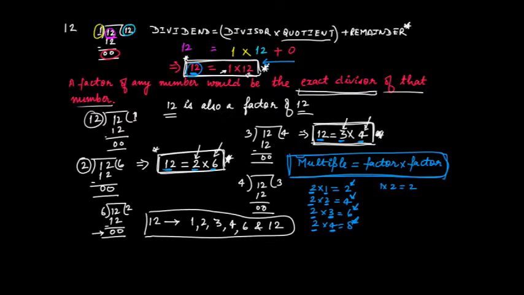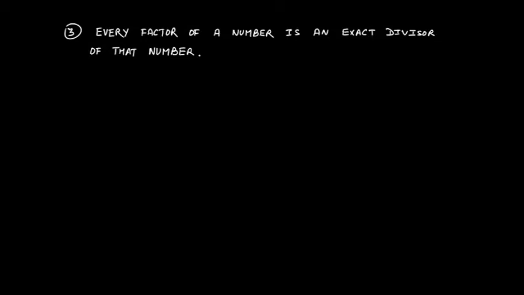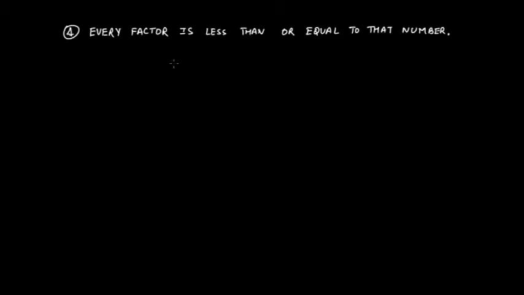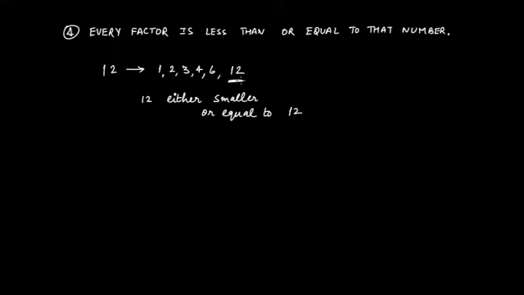For 12, the factors are 1, 2, 3, 4, 6 and 12. You can see that the factors are either smaller than or equal to 12, because 12 is a factor equal to 12, and 6, 4, 3, 2 and 1 are each smaller than 12.